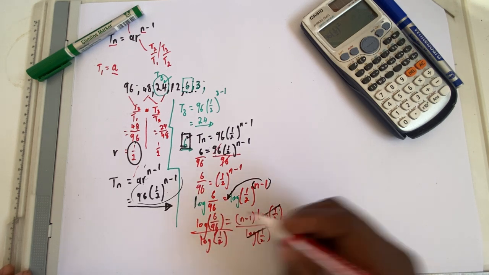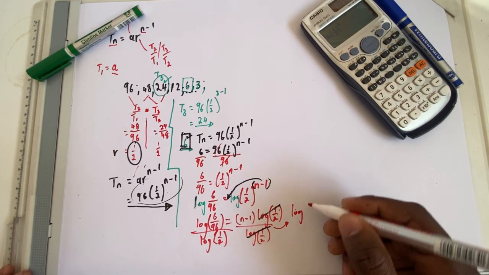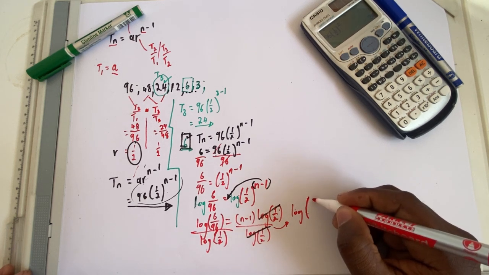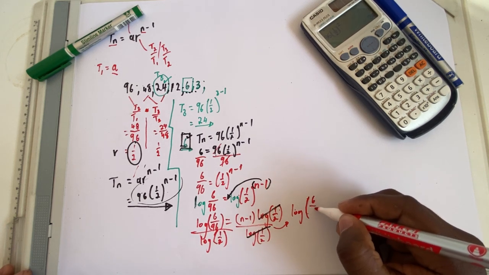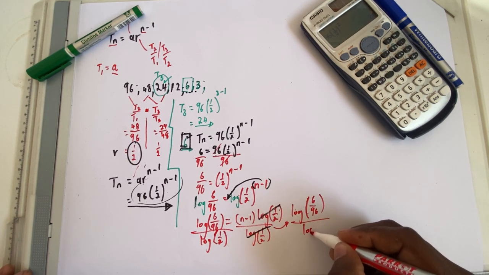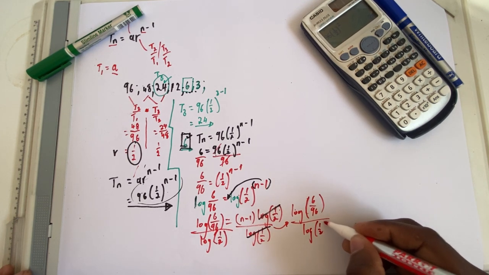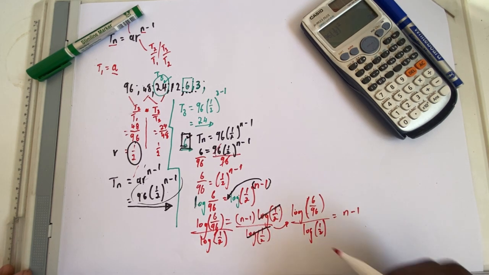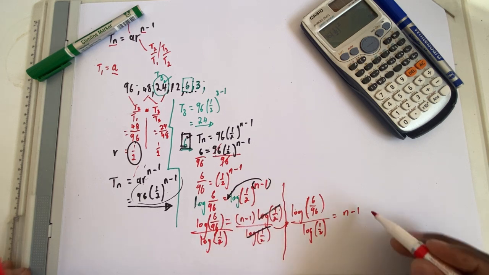From there, that other side will still be the same. It will have log of 6 over 96 divided by the log of half equated to n minus 1. So that is basically what I have on that side.